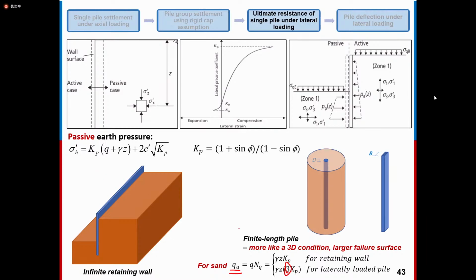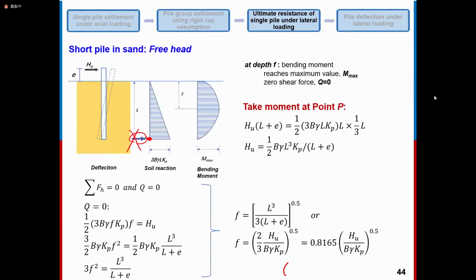Previously you learned this one before, but now, because this is a pile, the soil condition is more like a 3D condition, so we have a 3 here because we have a larger failure surface, and the resistance from the soil to the pile will be larger. So the case is different from the retaining wall case.